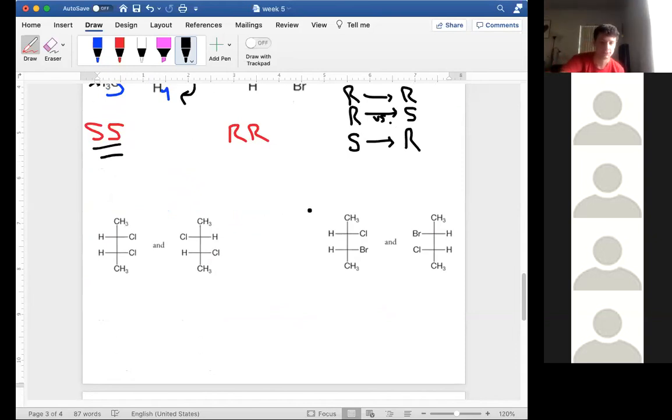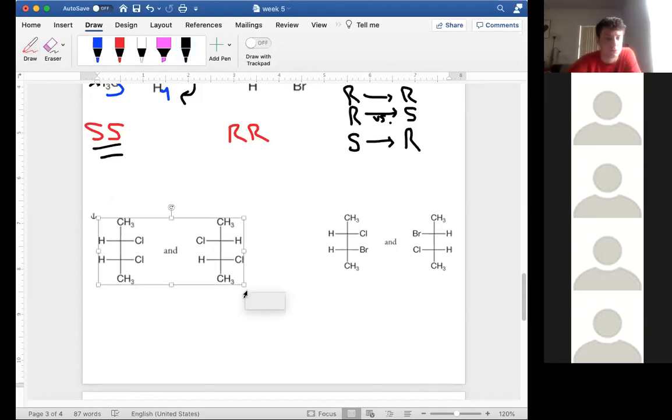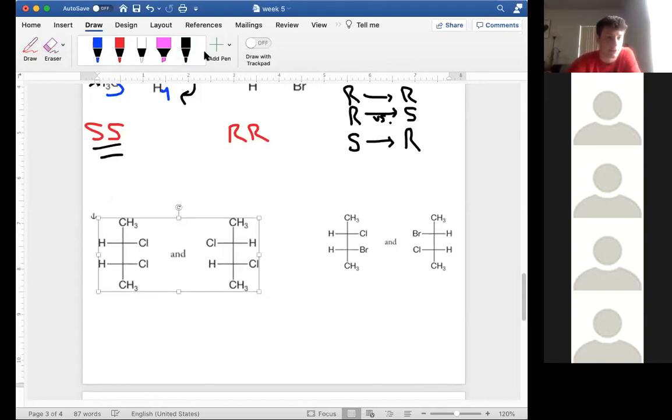Fischer projection. So what's on an arm, right? Just like a scarecrow, because spooky season. What's on an arm is wedged.